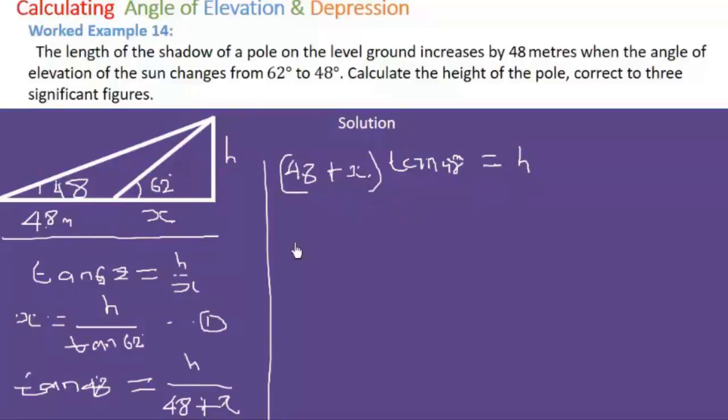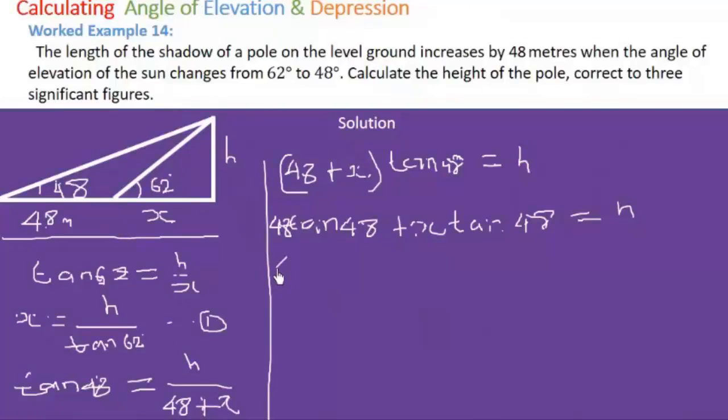Now let's expand to obtain 48 tan 48 plus x tan 48 is equal to h.